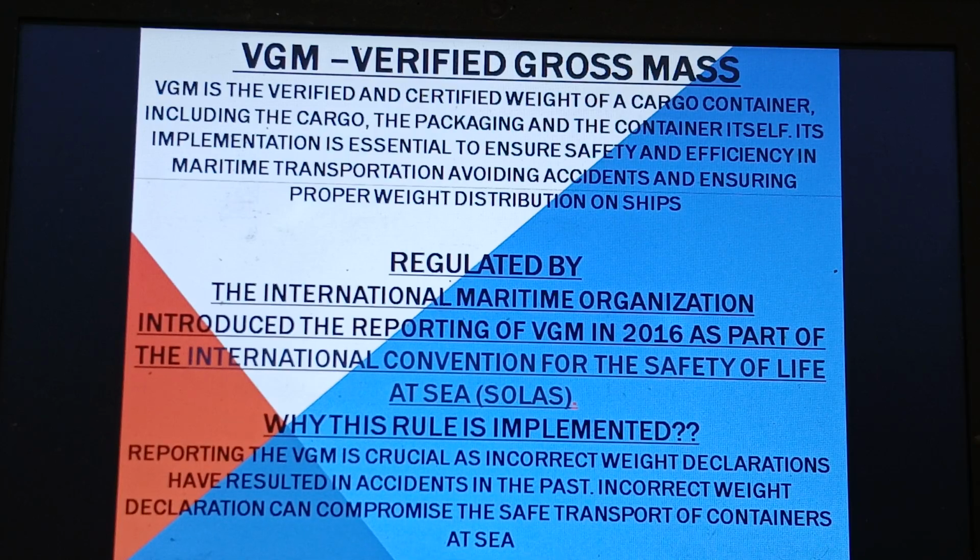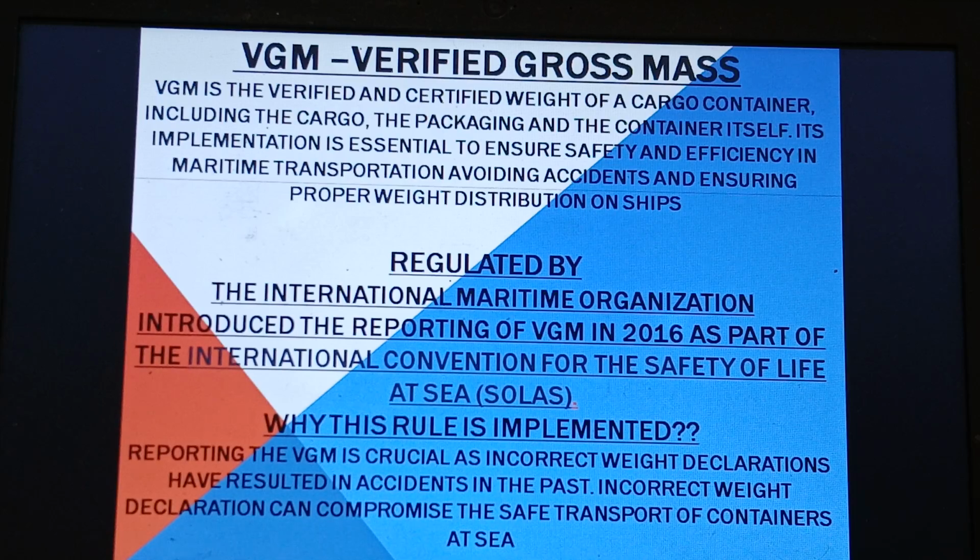So guys, VGM means it certifies the proper weight of your container, including the cargo, including the lashing, chocking and other equipment which is in the container. Proper VGM is given to the shipping line.